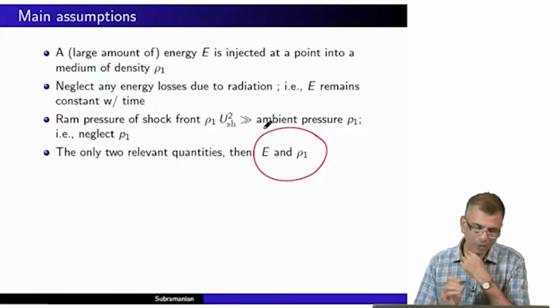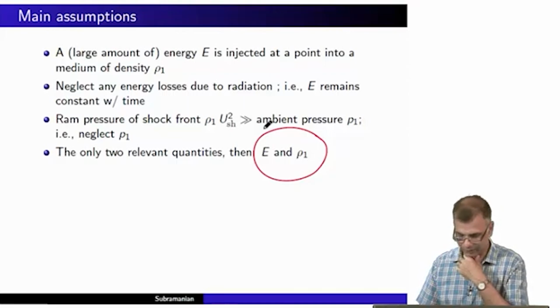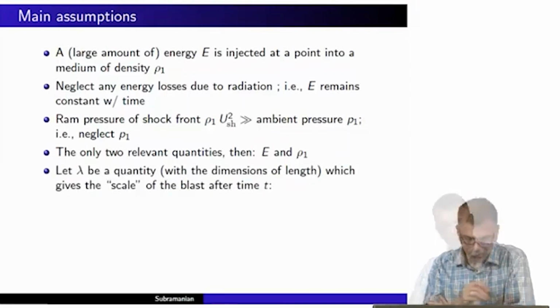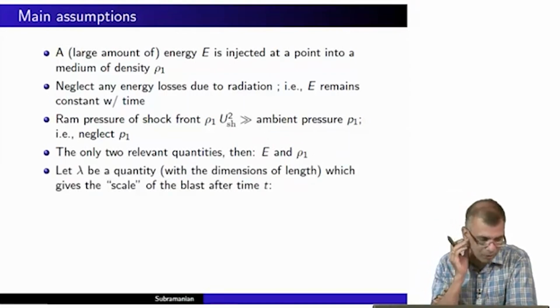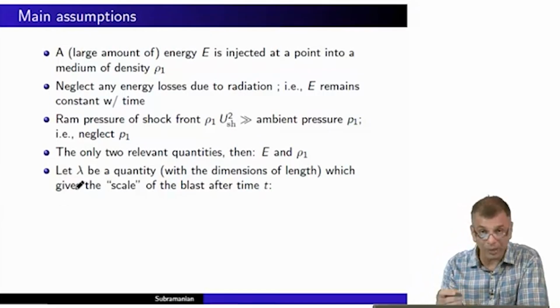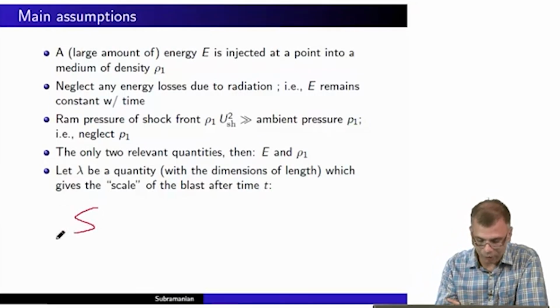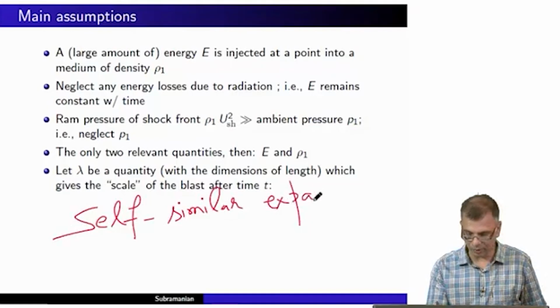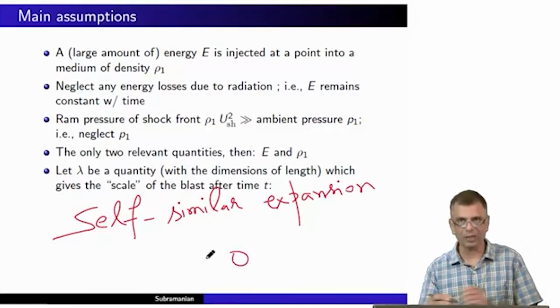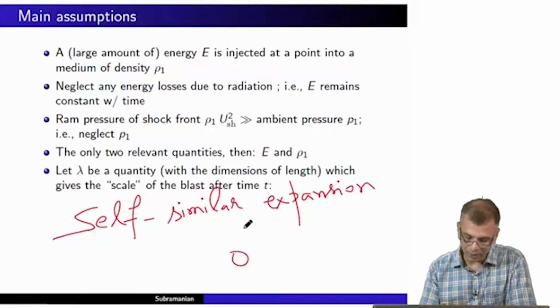So there are only two relevant quantities, E and rho 1, and now remember that we mentioned this word, self-similar expansion. In other words, you have a circle at time t equals t1, and at t equals t2, you have the circle expanding like this.